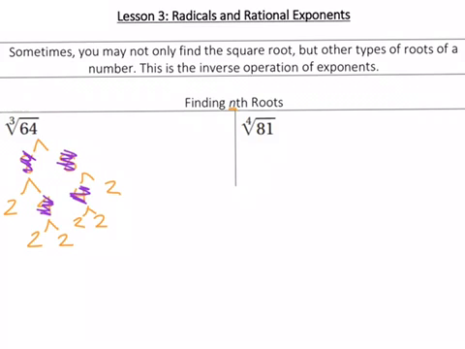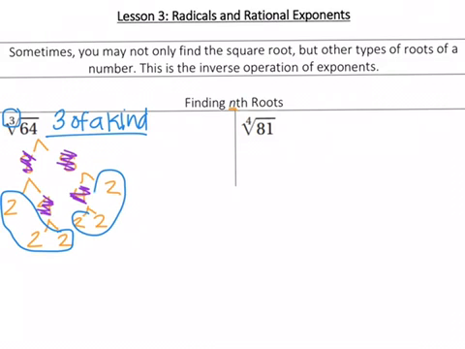Now I'm going to go back to that root that we have. It's the cube root. There's a 3 there. Okay, so that means we are going to find 3 of a kind within our prime numbers, and that's going to help us find our answer. So I see that there are 3 2s, and then another grouping of 3 2s. So that means I have one grouping of 2s times another grouping of 2s, and that gives us 4, which is our answer.